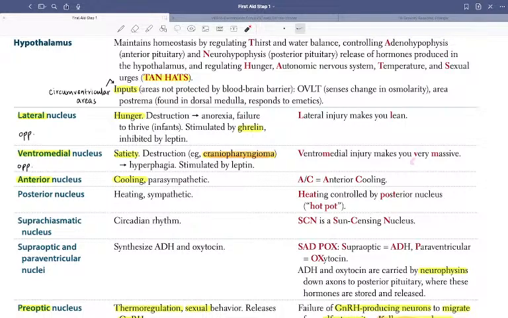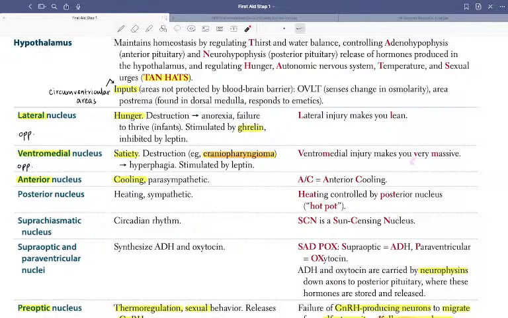And the posterior nucleus was heating. Preoptic, you'll get a very good Pixelrize representation: sexual behavior, gonadotrophin release, and thermoregulation. You can see that. All right, I think we're good to go.